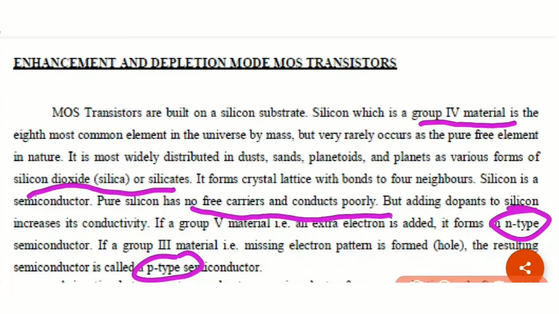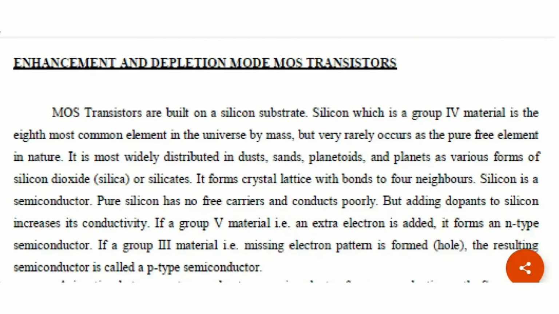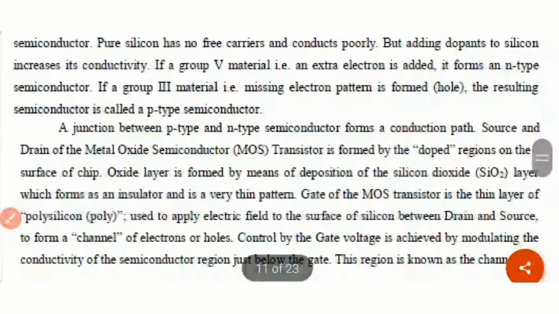It can be a group 5 material impurity or a group 3 material impurity. If an extra electron is there, then it is your group 5 material. If it is depletion of 1 electron, then that is a group 3 material. So accordingly you are having the N-type semiconductors and P-type semiconductors. So this is the basics.